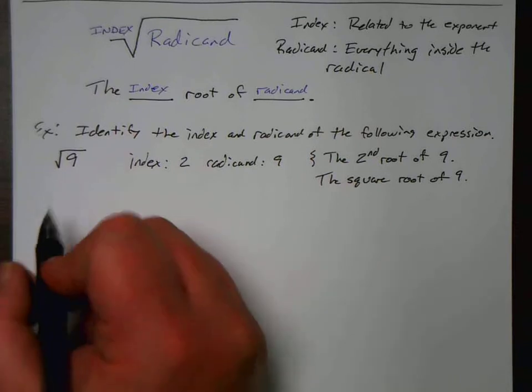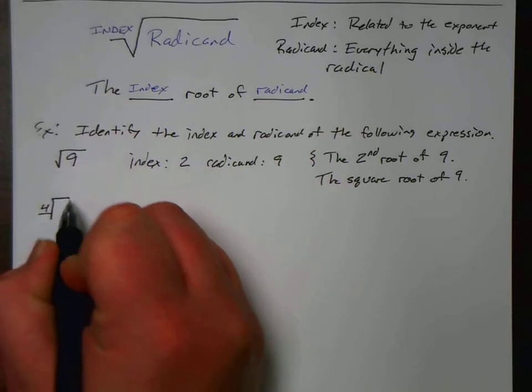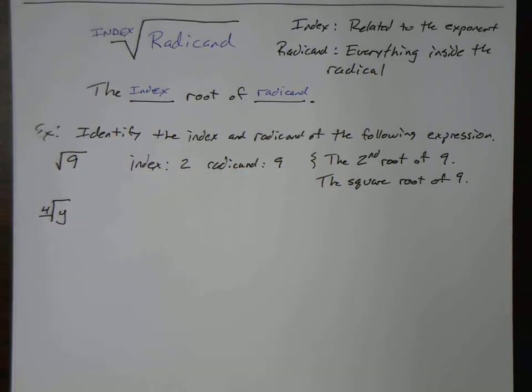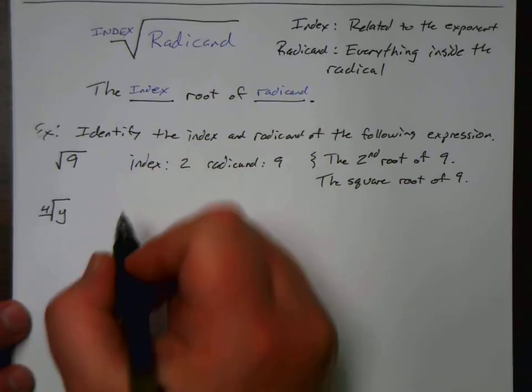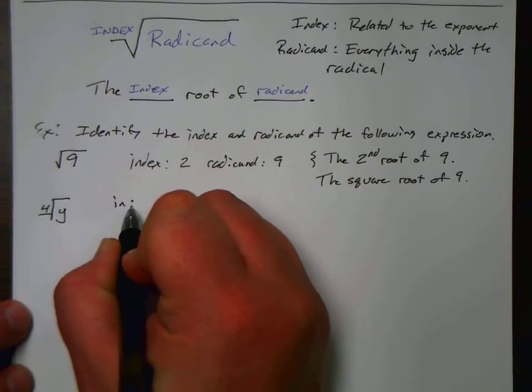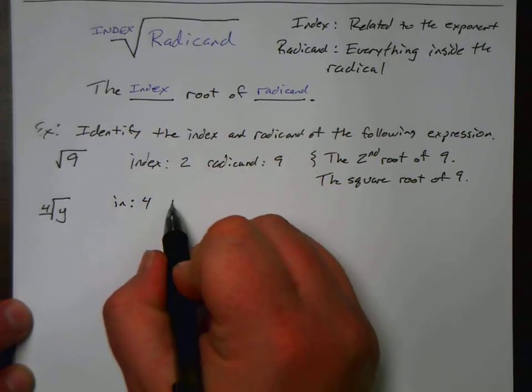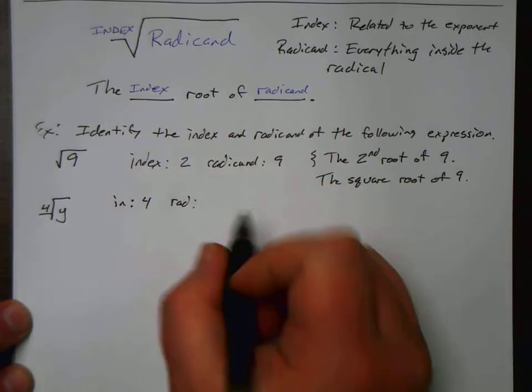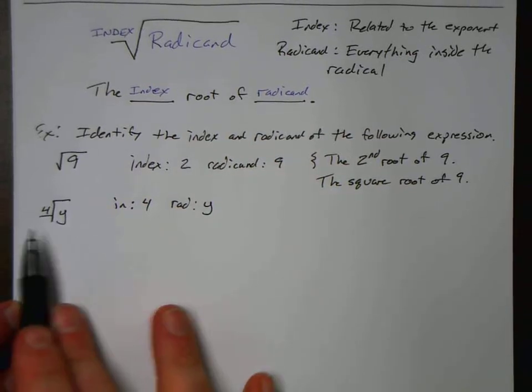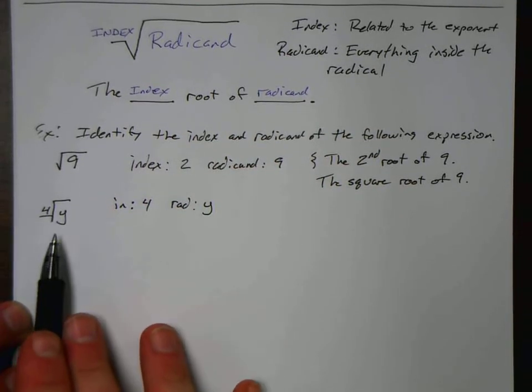All right, let's take a look at another one here. Well, my index on this one is 4. My radicand is y. So my index is a 4, the radicand in this instance is a y.